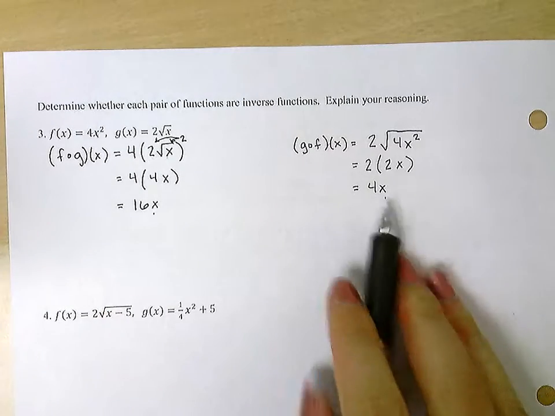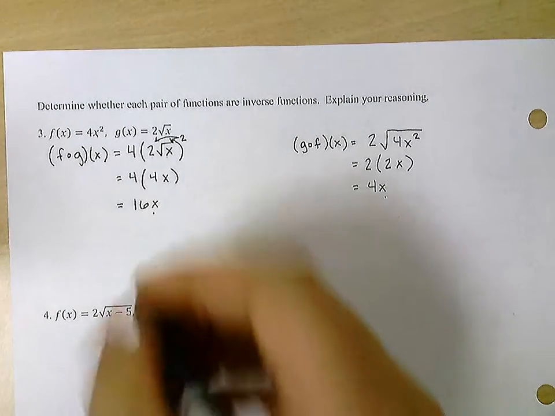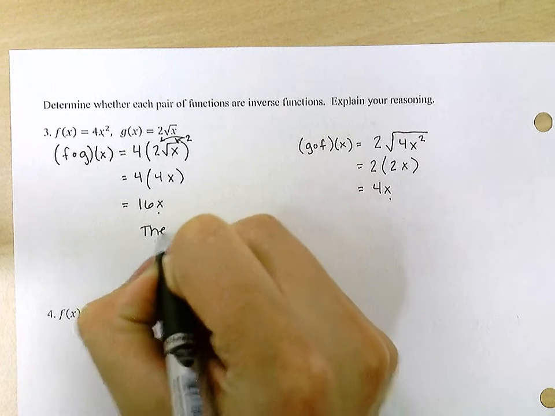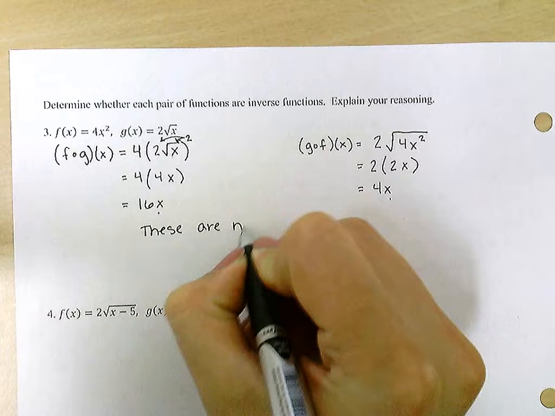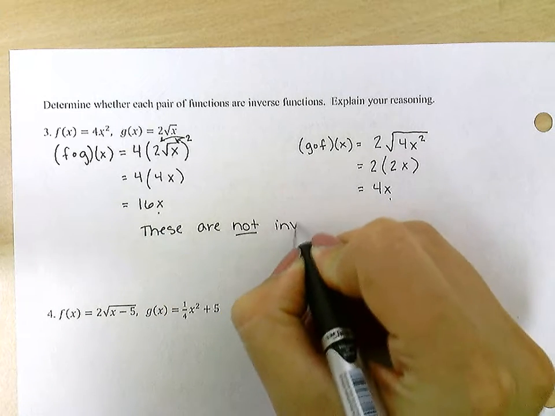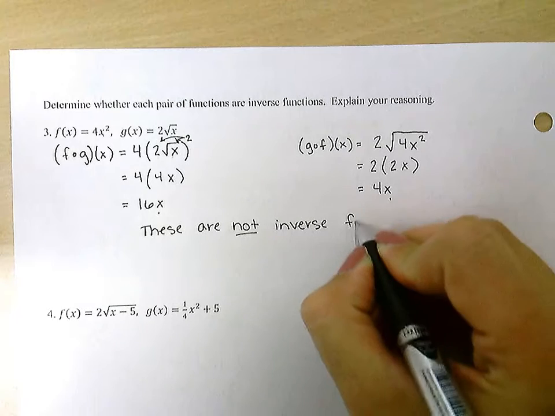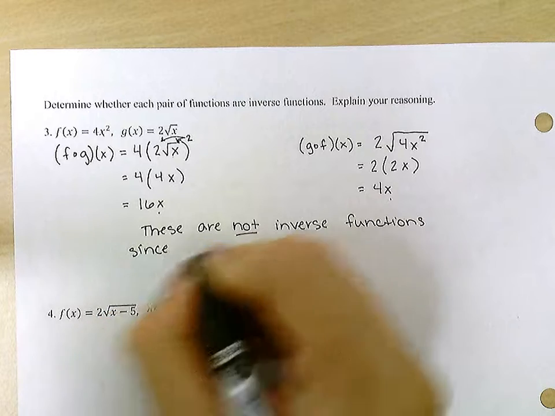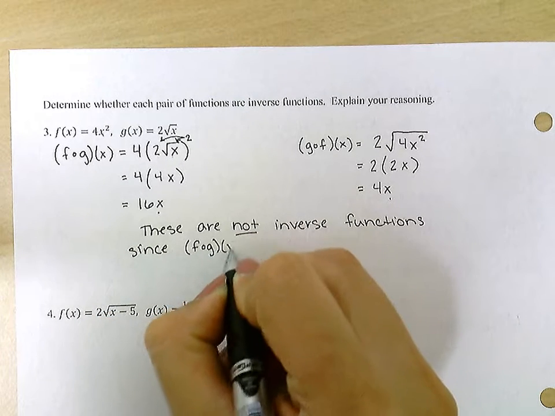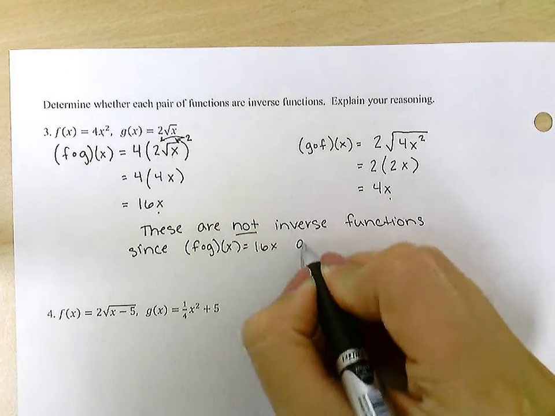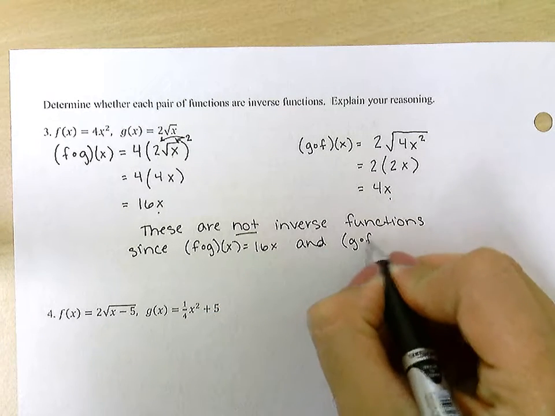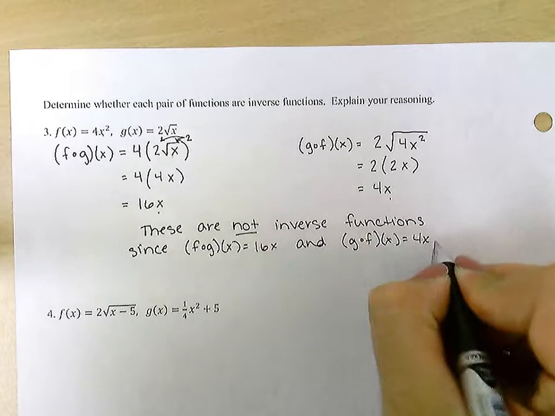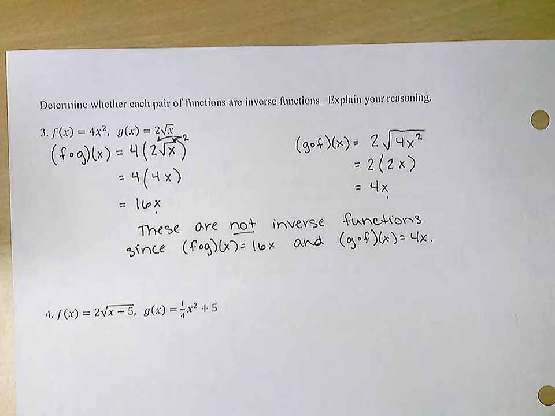So since neither of these reduce down to just x, I would say these are not inverse functions. Okay, since f of g of x equals 16x and g of f of x equals 4x. So again, those are not inverse functions. They do not reduce down to just x.